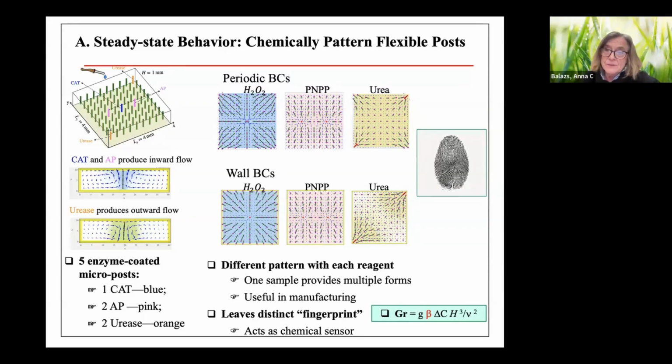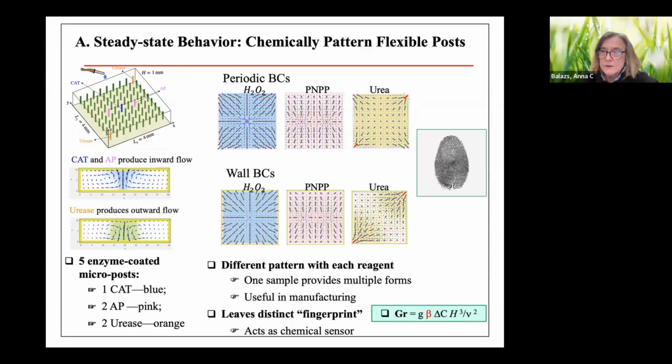But I think what's even more exciting, and I cannot prove this, it's probably impossible to prove, is that it makes a unique fingerprint. It's very hard to prove uniqueness, but you might understand it by looking at the Grashof number.